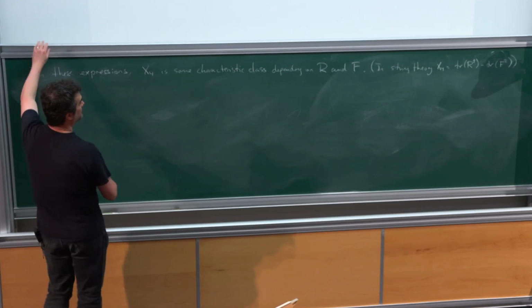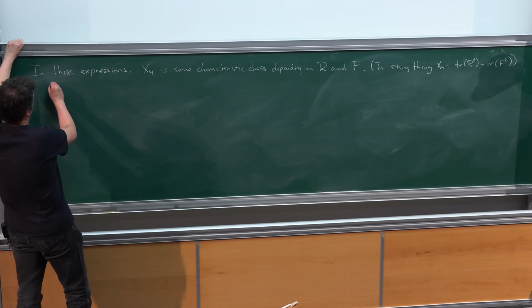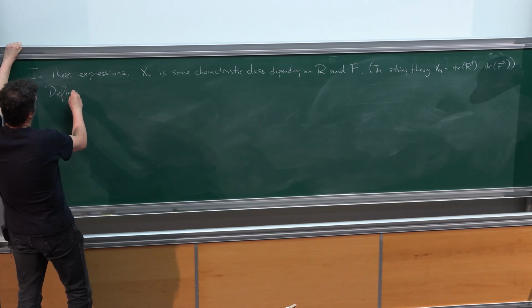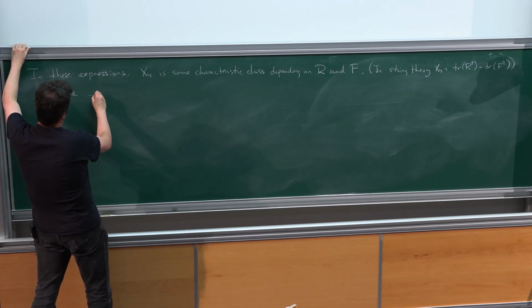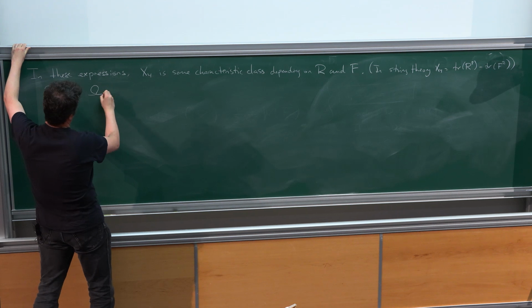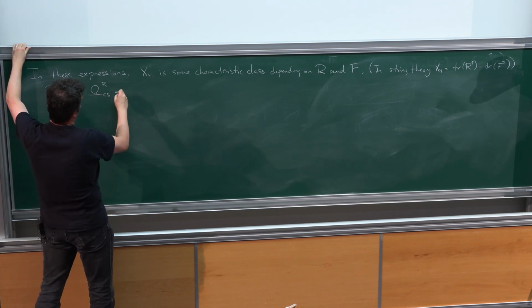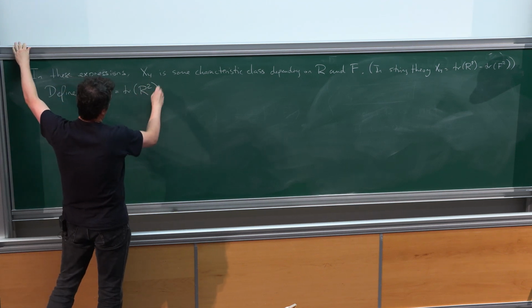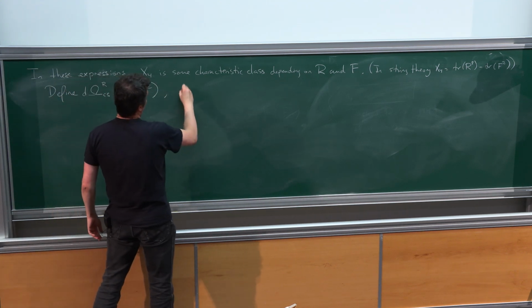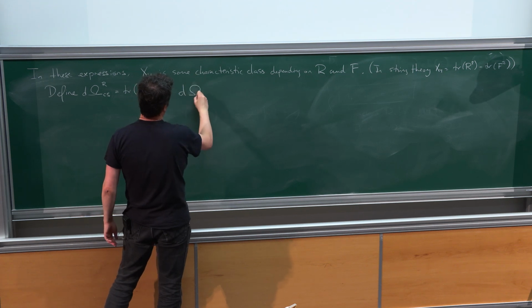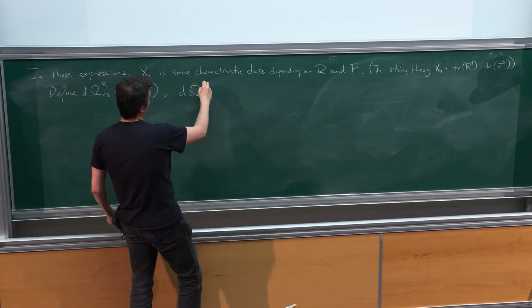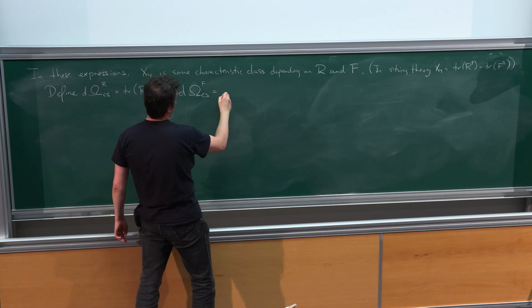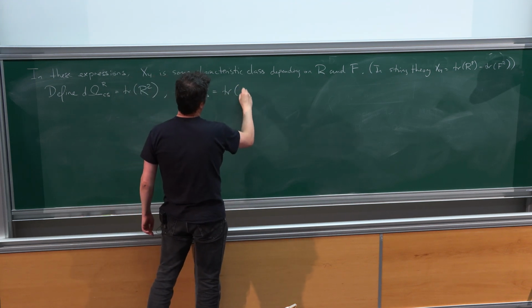All right. So define omega Chern-Simons of R, I'm going to say, such that, as usual, this is trace R squared. So the Chern-Simons form for gravity, and the same thing for F. So this is trace F squared.